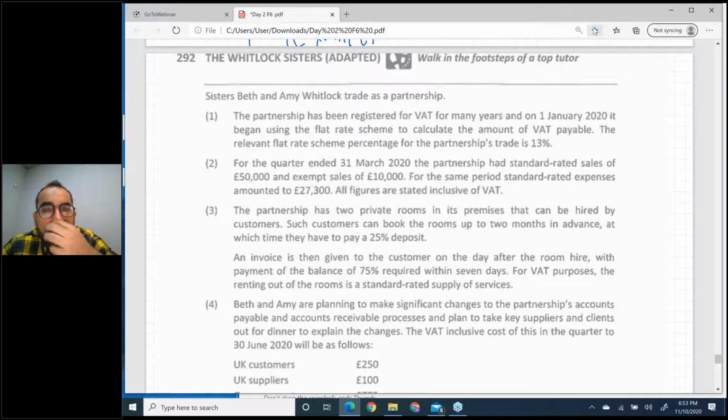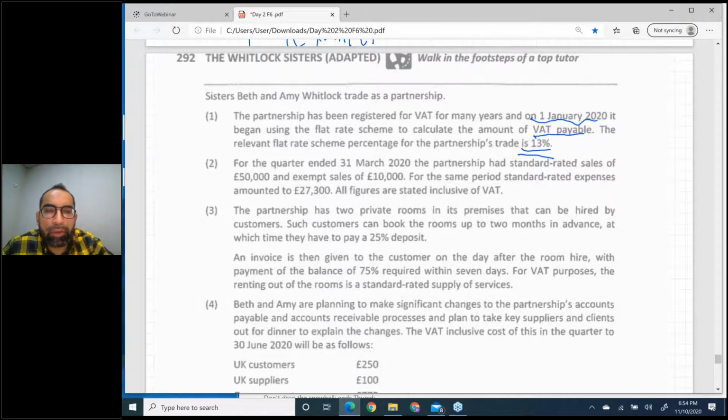The partnership has been registered for VAT for many years, and on 1st January 2020 it began using the flat rate scheme to calculate the amount of VAT payable. The relevant flat rate scheme percentage for the partnership is 13%. The ready-made relevant percentage is given to you.